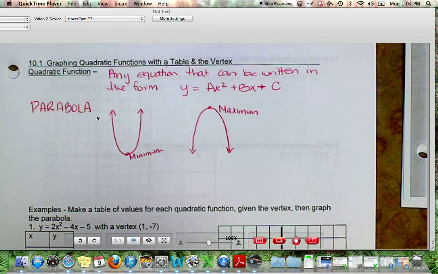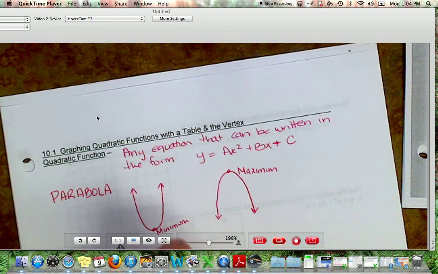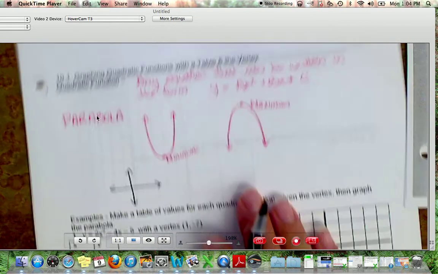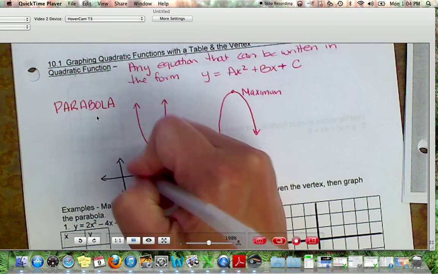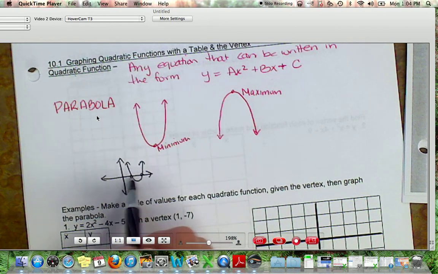Also, something to note about parabolas, which is what the rest of the chapter will be based on: when you have a coordinate grid, sometimes the parabola will cross the x-axis in two places.